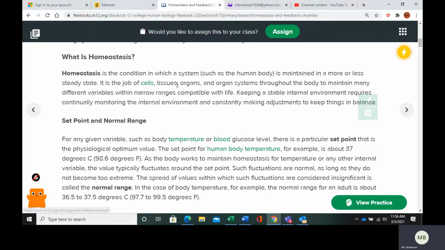All of the levels of organization in your body, the cells, tissues, organs, all of that, work together to try and maintain certain variables within livable ranges for your body. As such, your body is going to continually monitor the internal environment and make adjustments to try and keep things balanced.